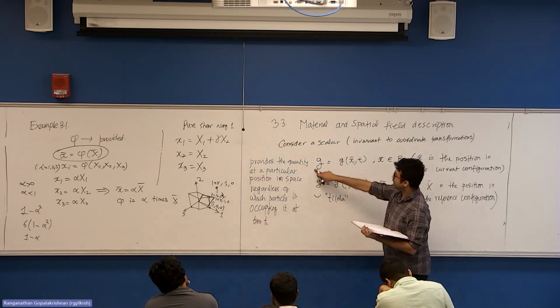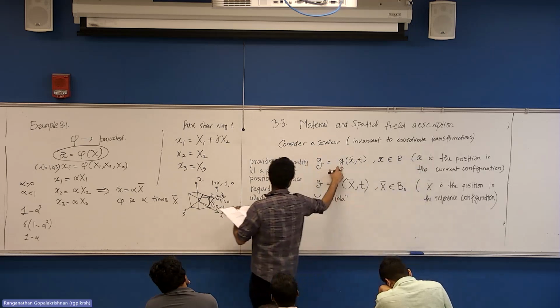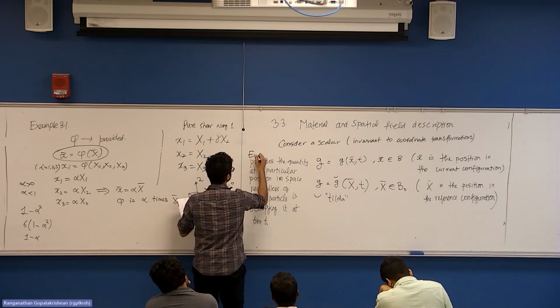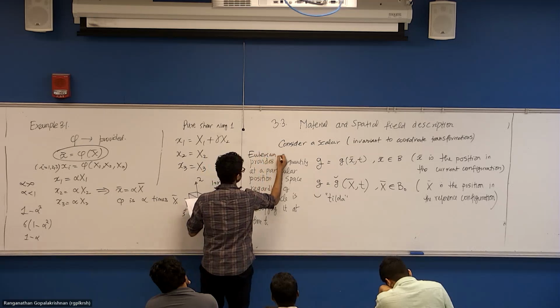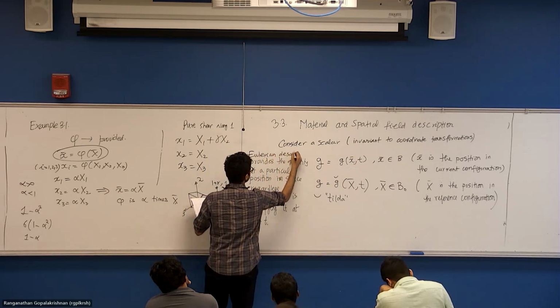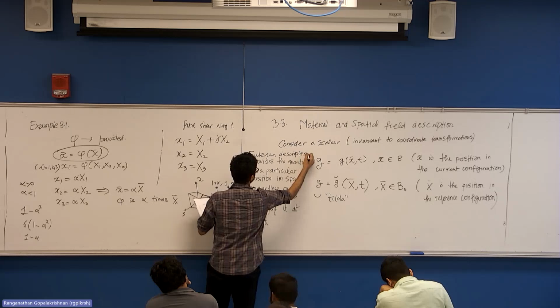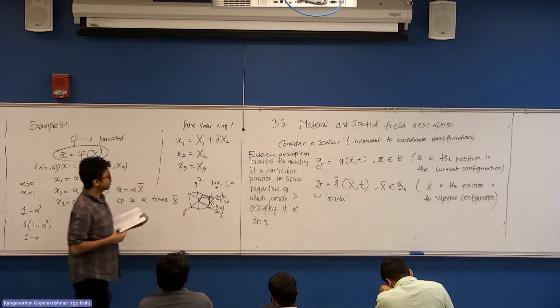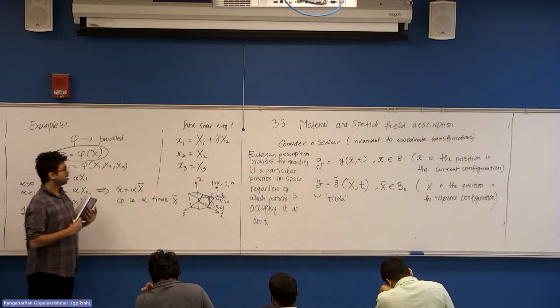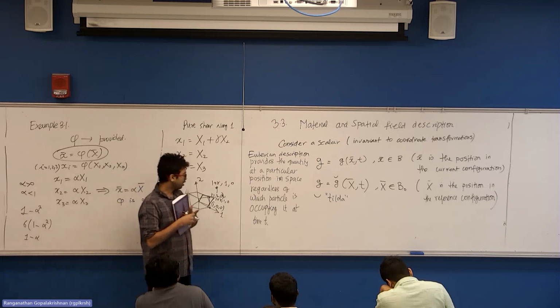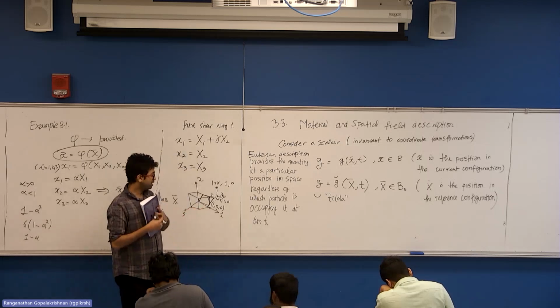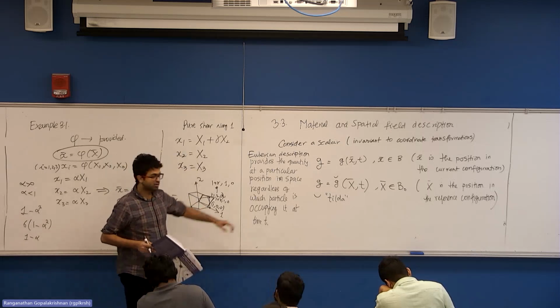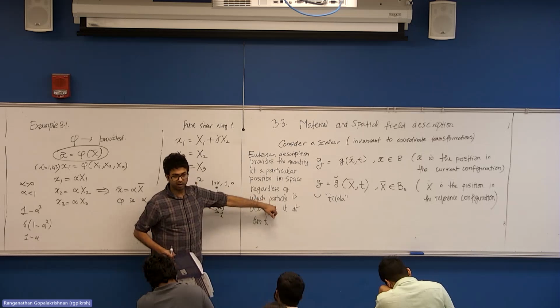Eulerian description provides the quantity. So G of x comma t, that is the Eulerian description, provides the quantity at a particular position, regardless of which particle is occupying it at time t. What I said as molecules is replaced by the word continuum particle.